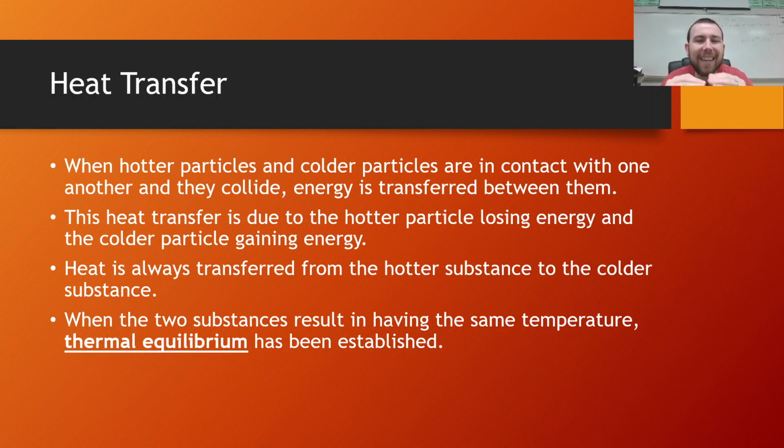When they get to the same exact temperature, that system reaches what we call thermal equilibrium. It means that energy transfer is still taking place, but it's not resulting in a change in temperature. The temperature is now constant because the energy being transferred between the two substances is no longer causing a change in temperature. I hope that makes sense.